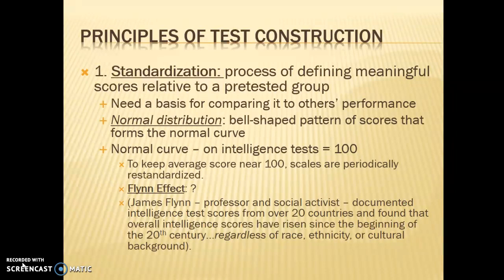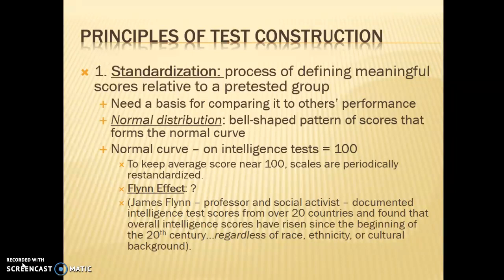So the question is why are people as a whole, across 20 different countries, scoring higher on intelligence tests, regardless of race, ethnicity, or background? There are just possible causes, and once again, there's no clear answer. Are the tests maybe more sophisticated?